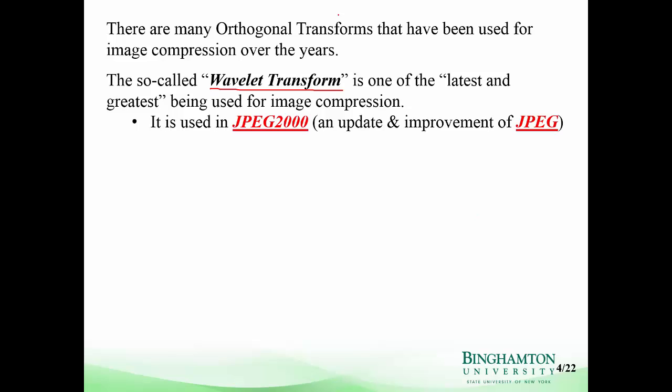Now, you see latest, you might think that it was just developed a few years ago. Actually, the first developments of the wavelet transform, formally as the wavelet transform, go back to the mid-1980s. And it took several decades for all the theory to be worked out.